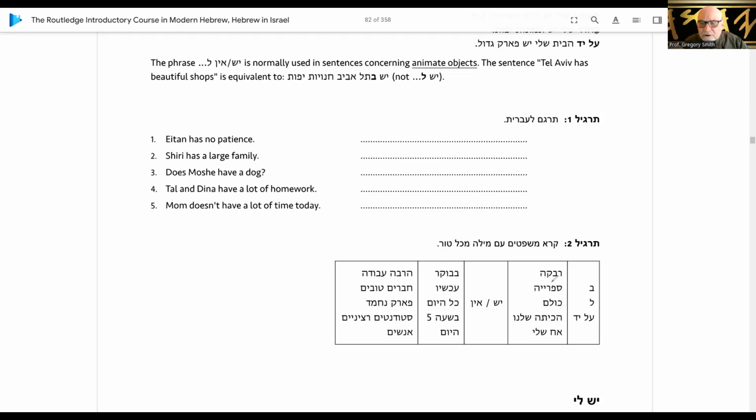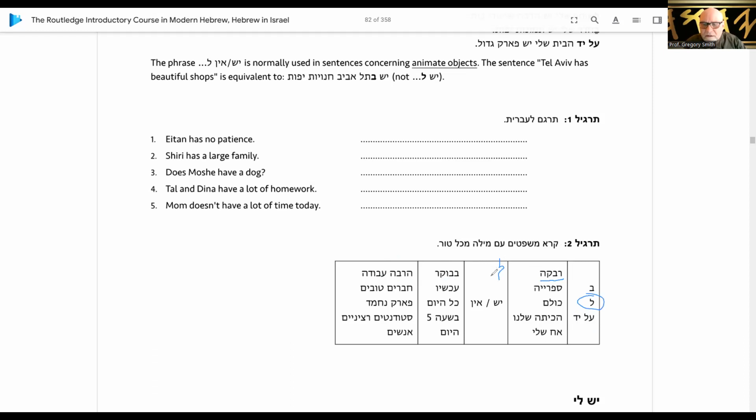Let's see. So let's see what they're doing here. This is Rebecca, baboker, harbe aboda. So this is a lot of work. Okay, so I see we either use this, or al yad. So let's say I'm going to use this Rebecca, and then I'm going to use this Lamed.